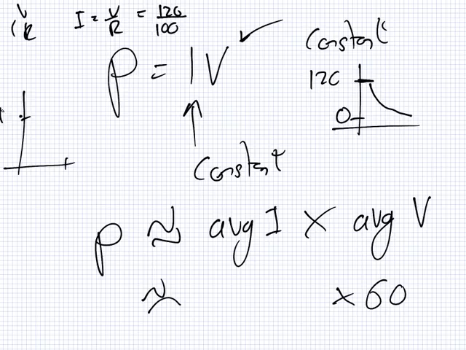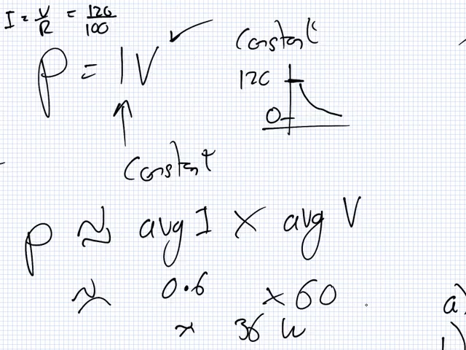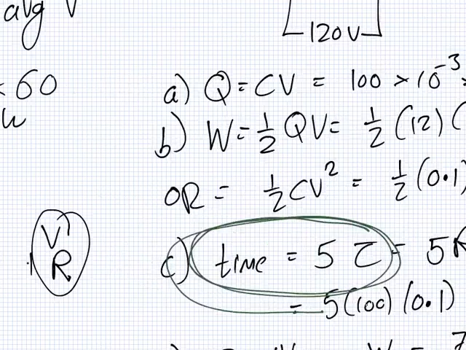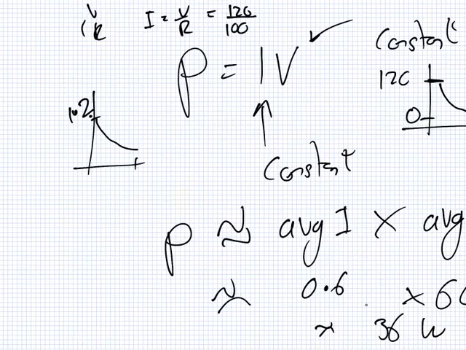So this is 1.2, so the average value could be 0.6, so this will be roughly 60 times 0.6, which is 36. Now this is still bad, because my answer is 14.